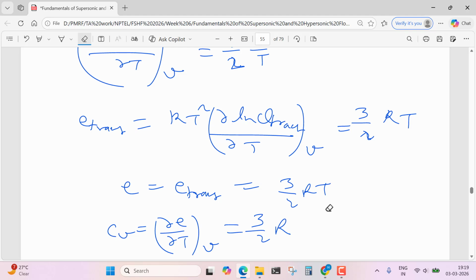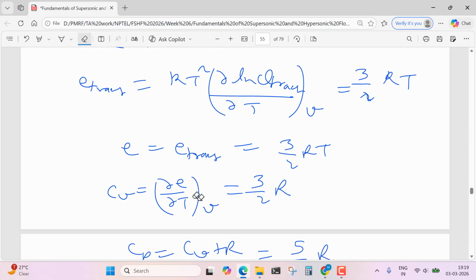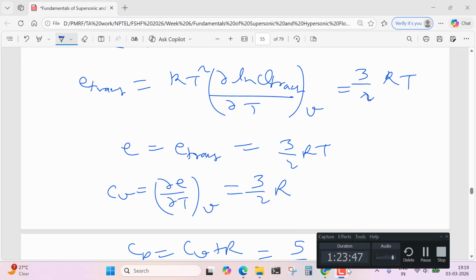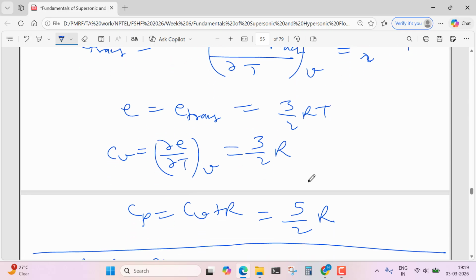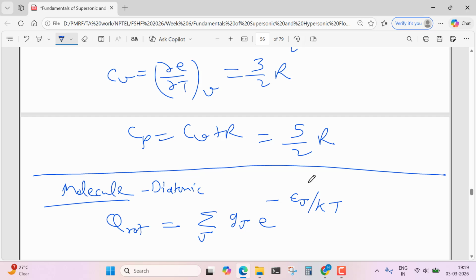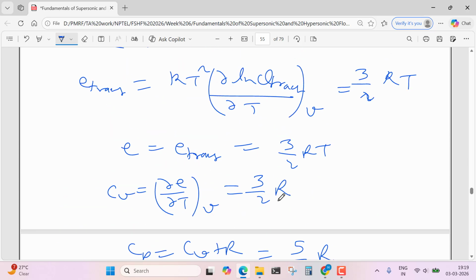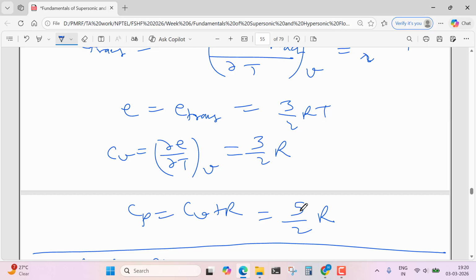Now for an atom, E equals E translation, which will be 3 by 2 RT. So Cv equals dou E upon dou T at constant volume, which will be nothing but 3 by 2 R. So what will be the Cp? Cp will be equal to Cv plus R, which will be equal to 5 by 2 R.